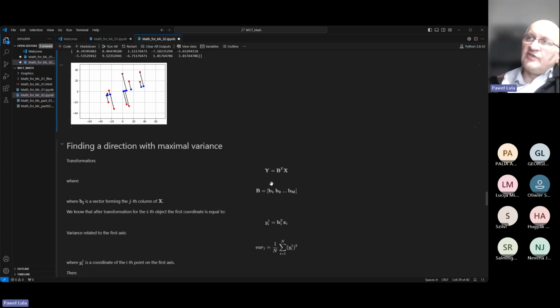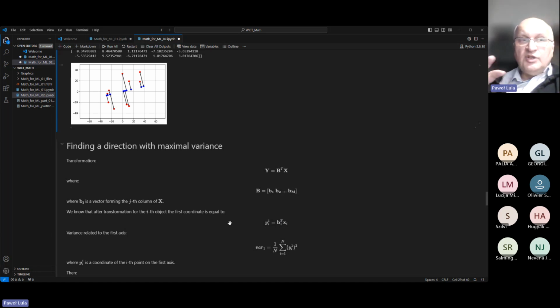So we use this first column from this matrix B, and we should multiply by every column of this matrix X, and in this way we can find positions of the first coordinate of every point from our data set on this axis. For an object which is identified by I, the result is here.